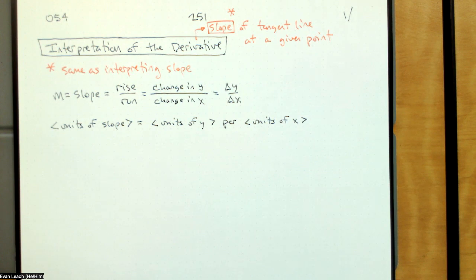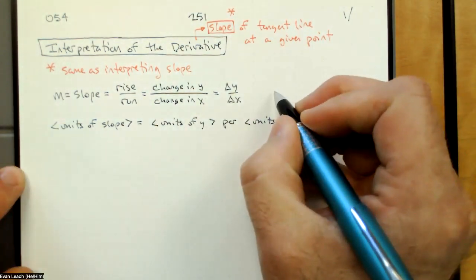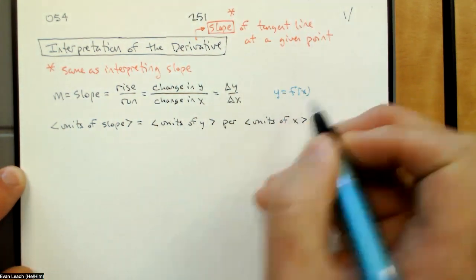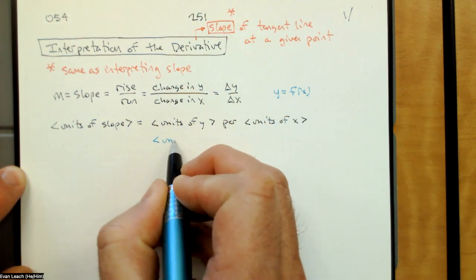The units of y, then we write the word per, then we write the units of x. If y is a function of x, then we'll just write whatever the units of the function are.